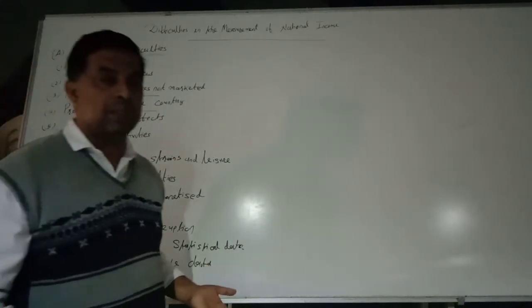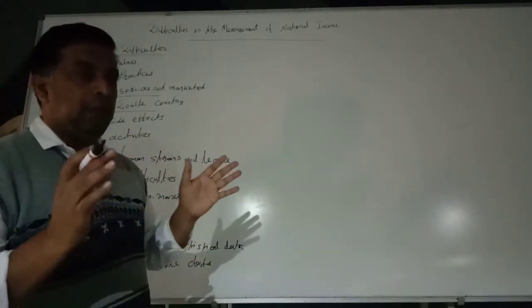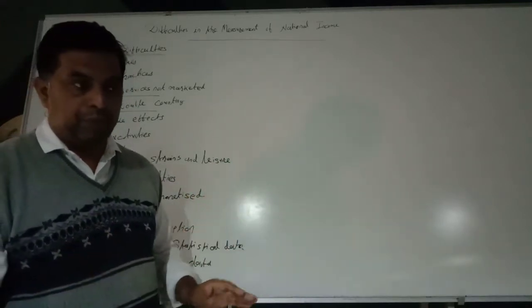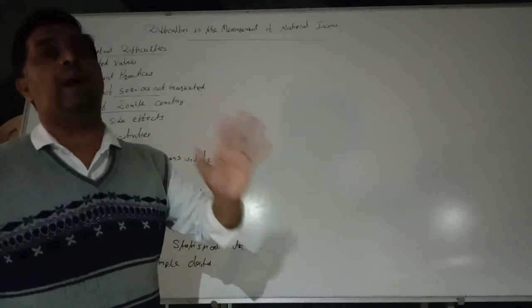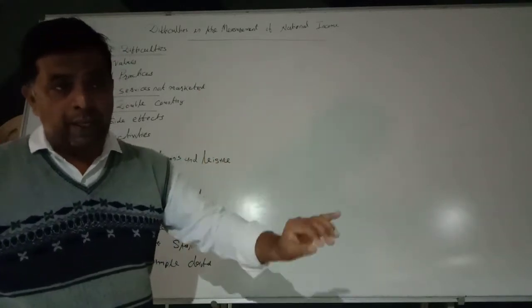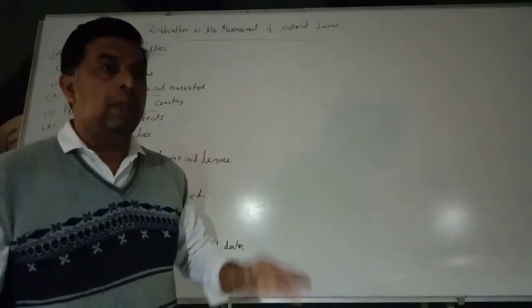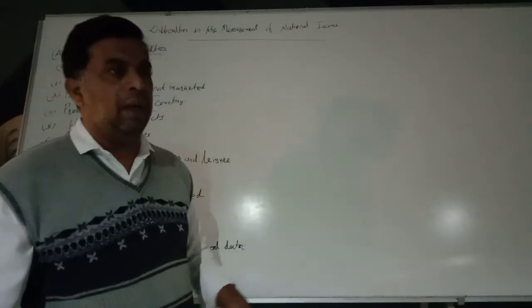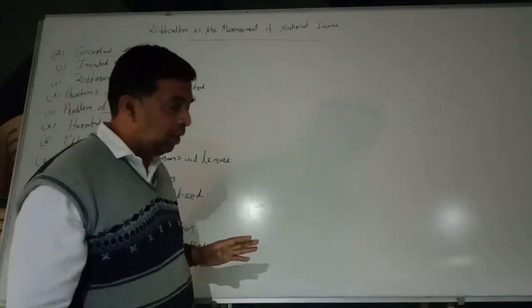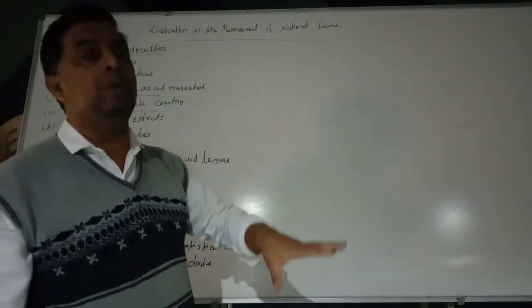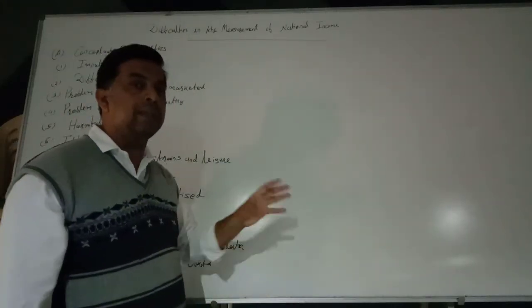Problem of double counting. We have already discussed this. In order to calculate national income in an exact manner, we must include only final goods, the aggregate market value of all the final goods. We should not include semi-finished goods, raw material, etc. But sometimes it is difficult to decide whether it is a final good or it is used as input.